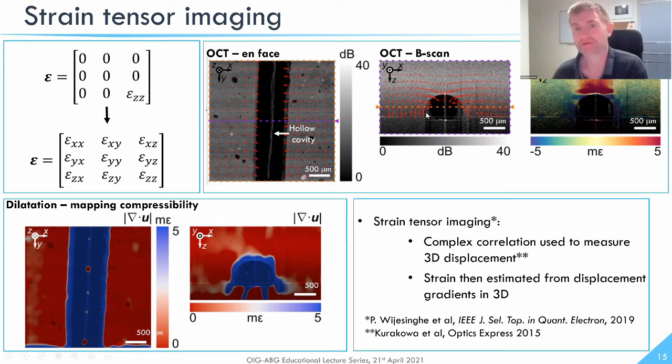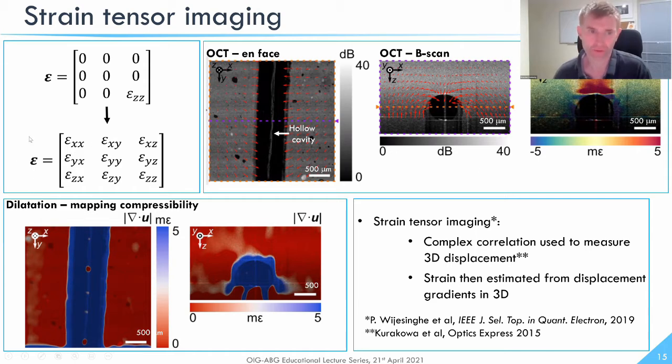But if we look at the three components of displacement, as you apply the deformation, effectively this cavity is collapsing on itself. So above the cavity, you start to get strain in the opposite direction to the mechanical load you've applied. When you have the full picture, it makes complete sense. But when we're only looking at this axial strain, we can be tricked.